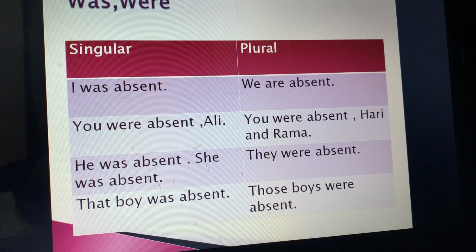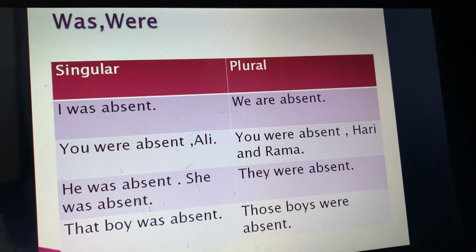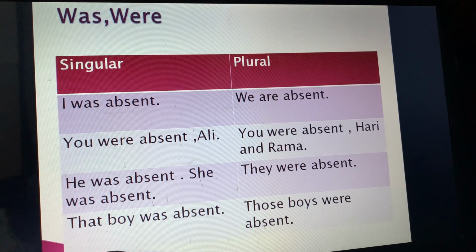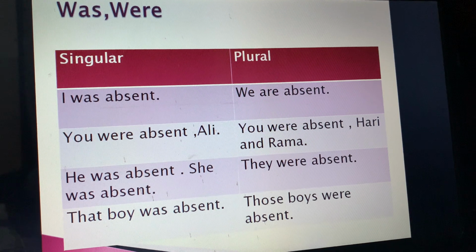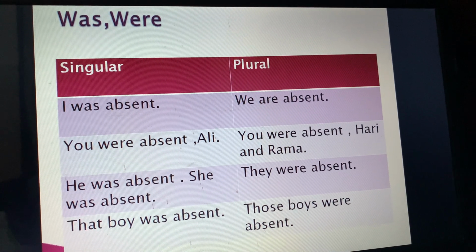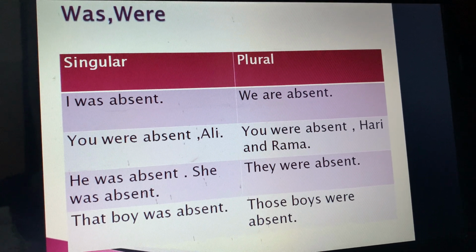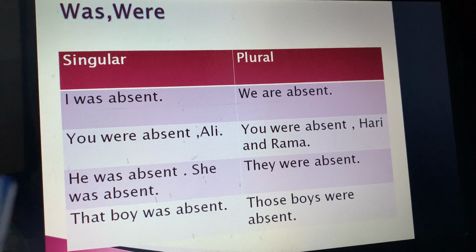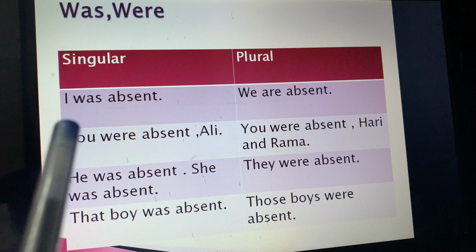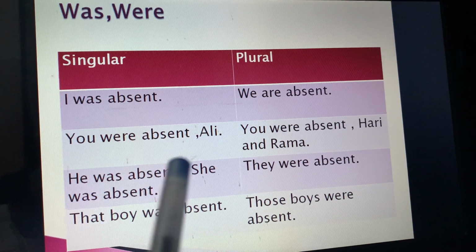Next is where we use was and were. Was and were, singular and plural. Was is used with singular, and were is used with plural. Simple as that. You might have read all these rules and that singular plural rule in 2nd, 3rd standard also. Like I was absent, you were absent.